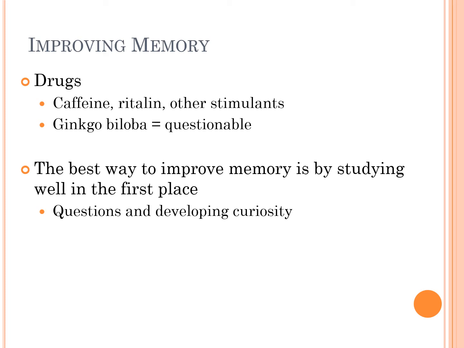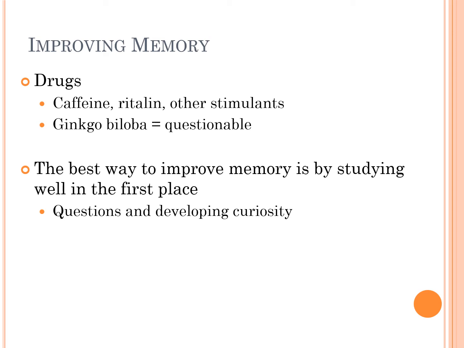But even with the drugs, it's pretty questionable as to the long-term effects of really improving our memory. He starts with caffeine, Ritalin, methylphenidate, other stimulants. The Ritalin and the ADHD drugs that people are sometimes being prescribed and then selling to others, especially in college, because people want this ability to pay attention and be aroused while they are studying for an exam.